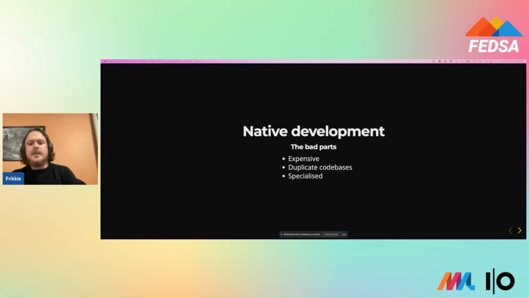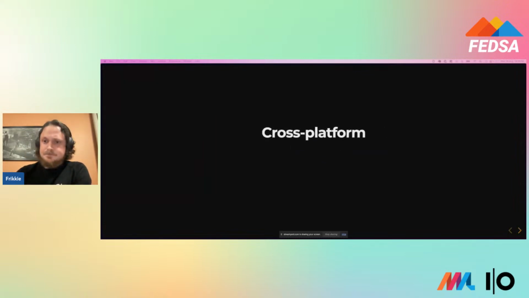And lastly, your engineers that are working on these apps end up being quite nichely skilled. They don't easily context switch to do full stack work using some shared technologies such as JavaScript. Maybe your Java devs can do it, but then Java backend code is also something else. So yeah, these are some of the most obvious bad parts to native development.